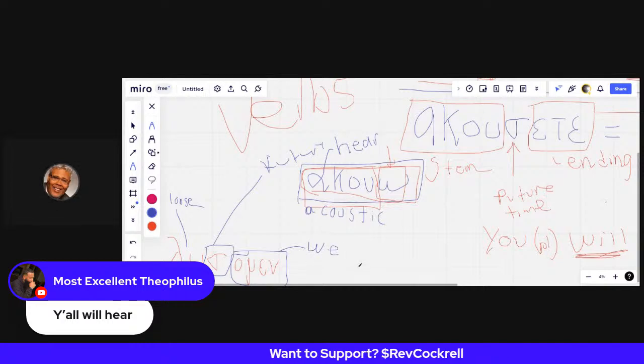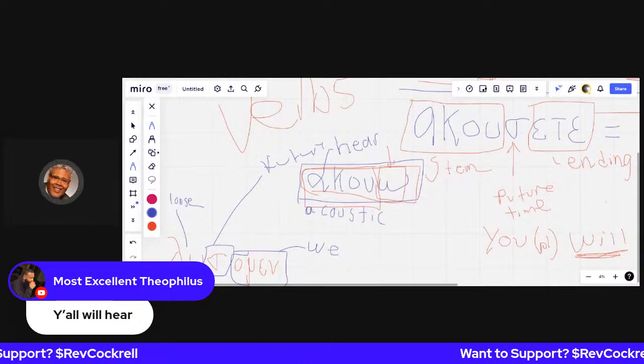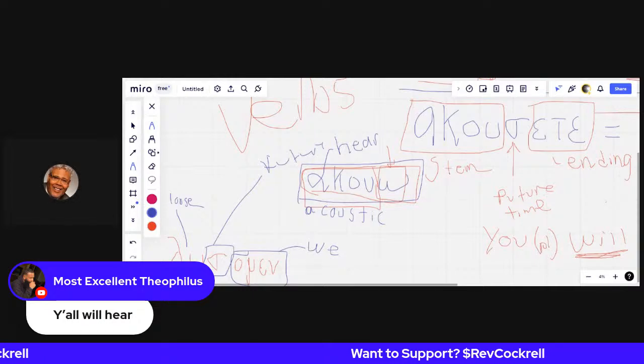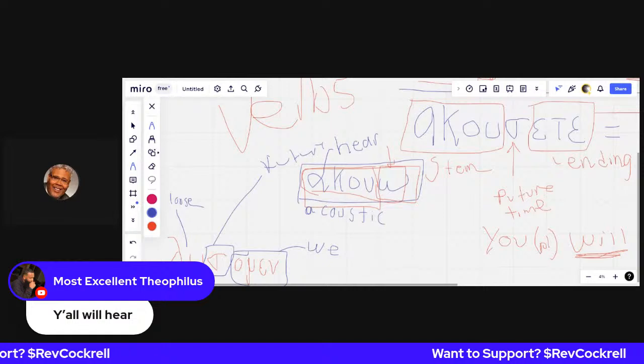So loose salmon. How would you translate loose salmon? If you know luo means to loose, sigma is a future tense, so you're going to have a helping verb in there. And men is we. So how would you translate lu sa men?